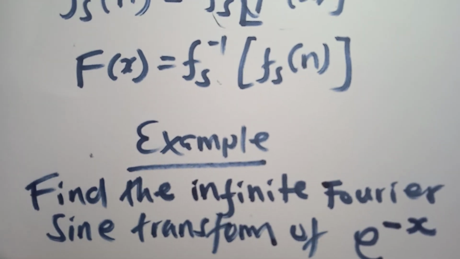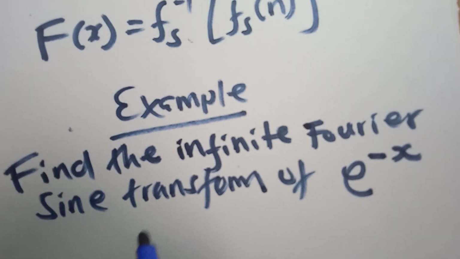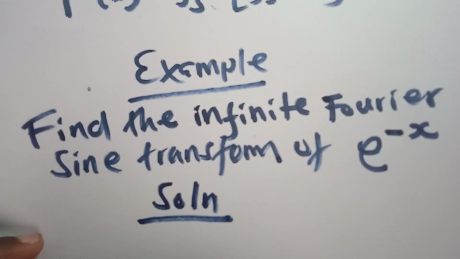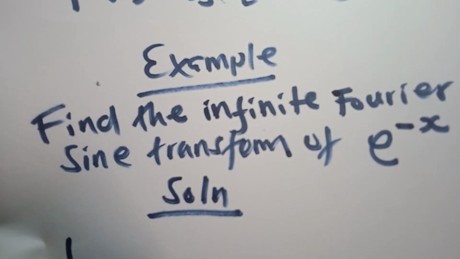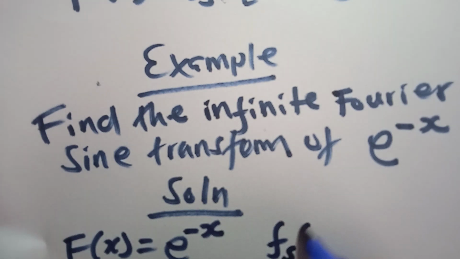How would we evaluate this? The first thing, you begin from the definition. The given function f of x in this case is e raised to power negative x, and we are looking for its Fourier transform.